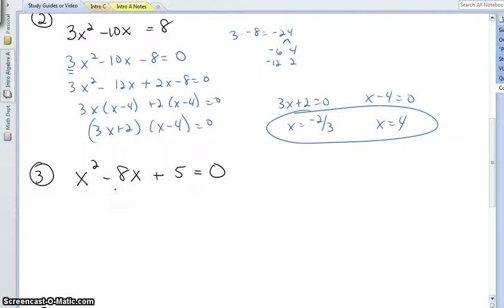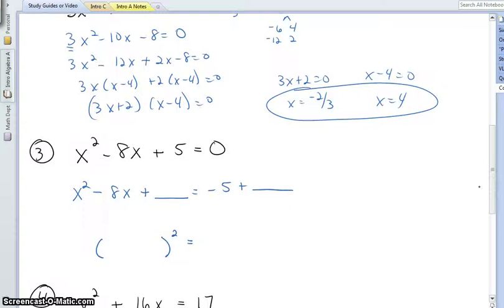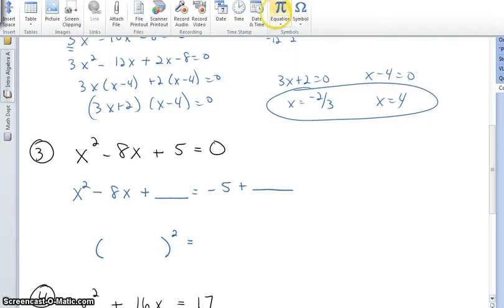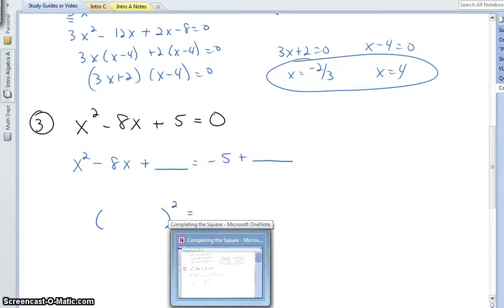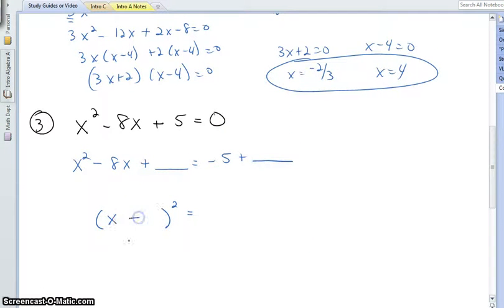You want to figure out, what can I add to both sides after I move the 5 to the other side so that I can factor this as a perfect square binomial? So what number needs to go here? I know it's going to be a negative because my b term is negative. So what number can go in here so that it becomes x squared minus 8x plus something?